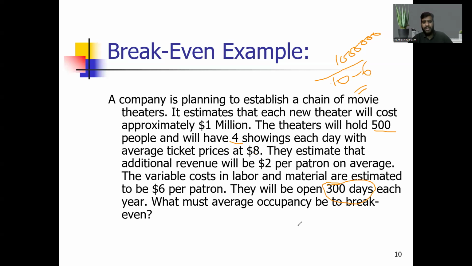So 500 multiplied by 4 showings multiplied by 300 days is your total number of tickets.